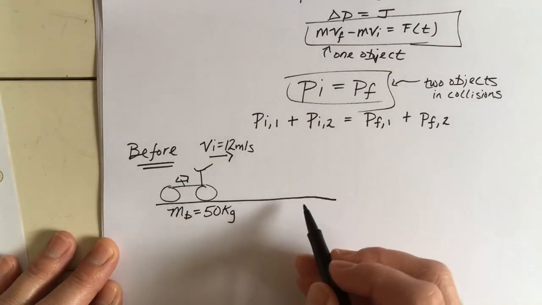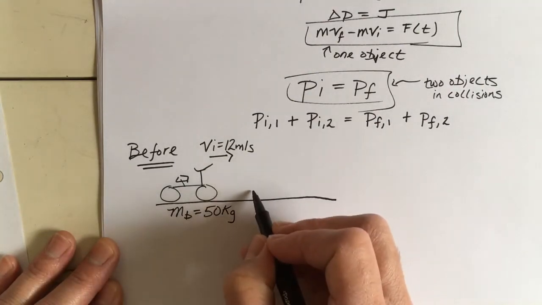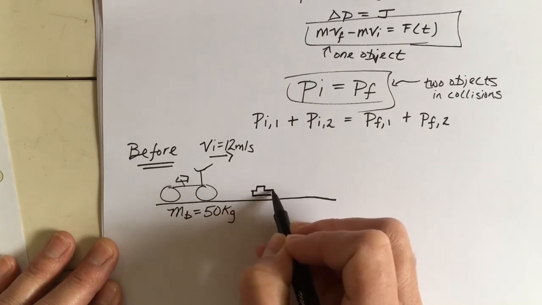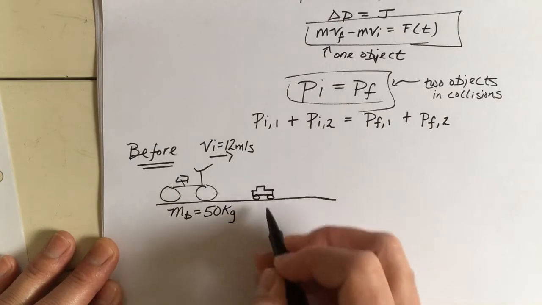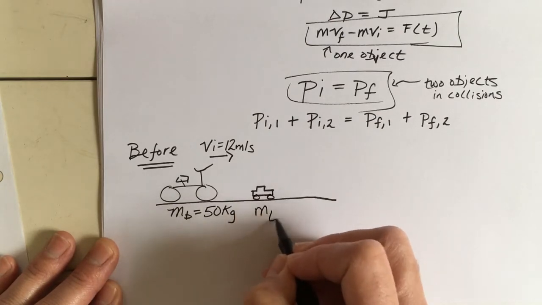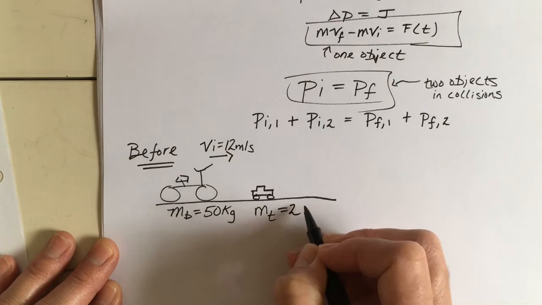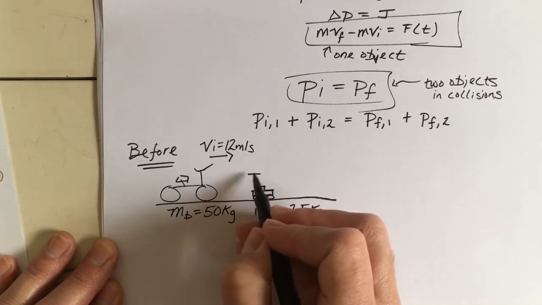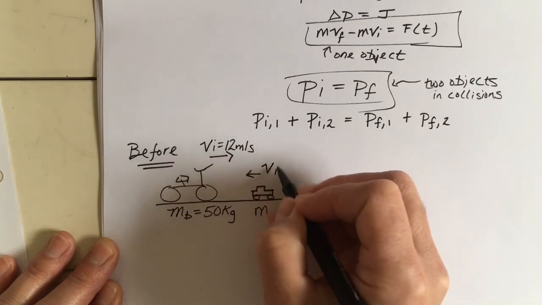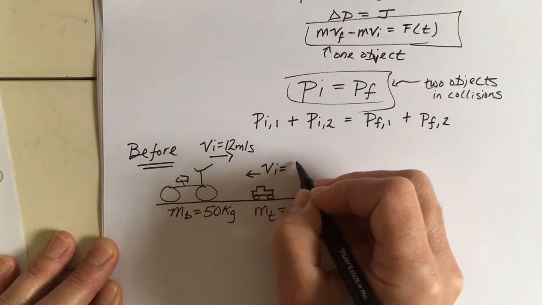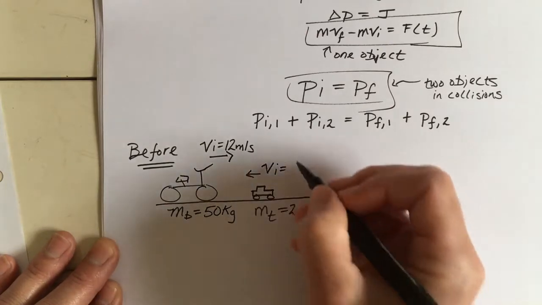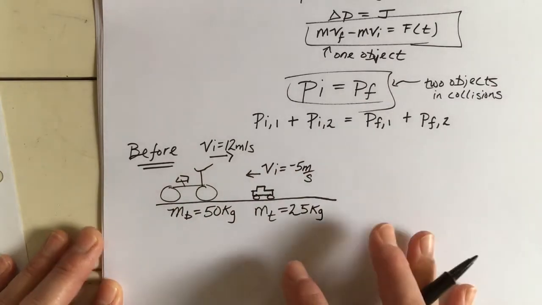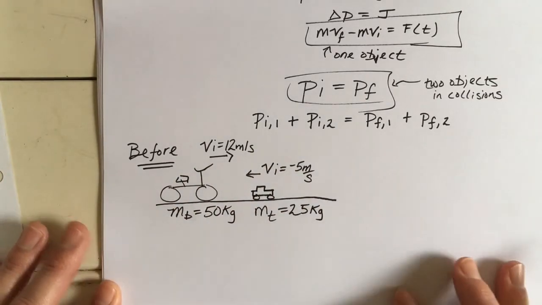All right, and then it says we have a toy truck, so I'll try and draw that. The mass of the toy truck, call it m_T, is equal to 25 kilograms. And the toy truck is going to be moving in the opposite direction. So it's going to have a v_i of 5 meters per second, but since it's to the left, we're going to call that negative. All right, so we have something like that there for our before.